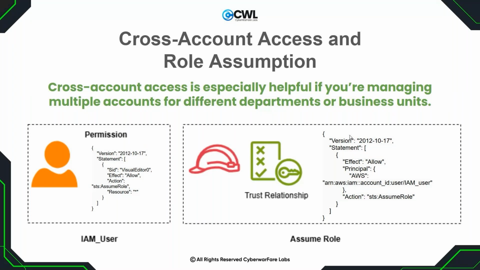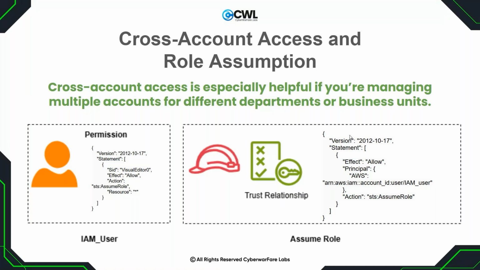So how does this cross-account access work? The process typically involves setting up IAM roles in the target account and granting permissions to users or roles in the source account to assume those roles.